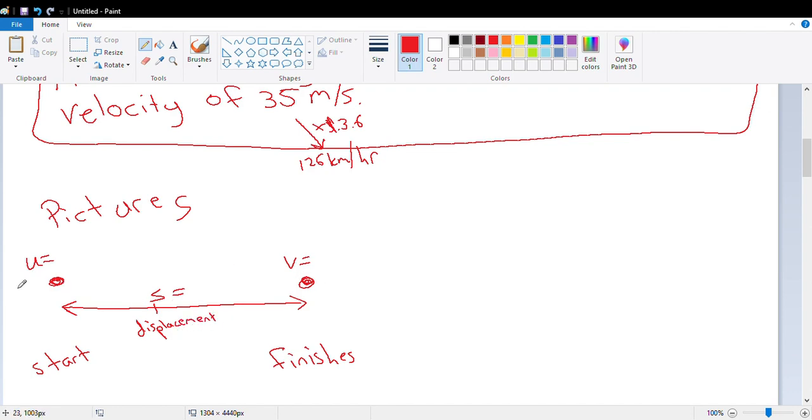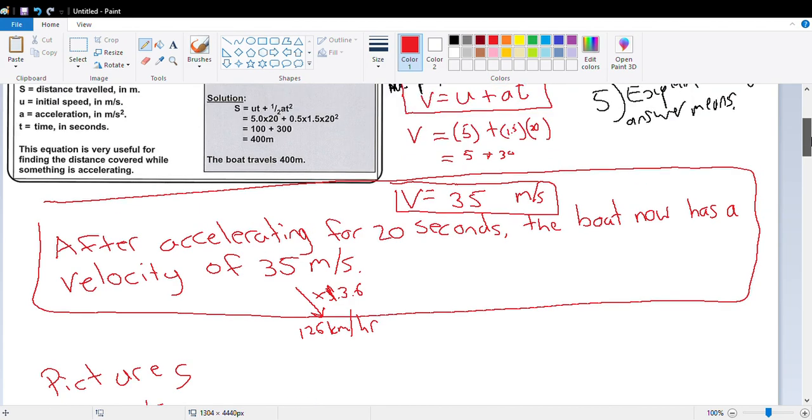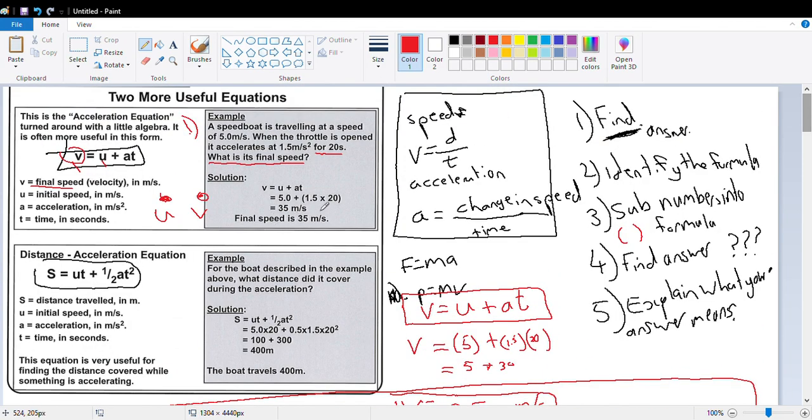In order to get from here to here, there's probably been an acceleration. And to get from here to here, some amount of time has passed between the first photo and the second photo. And from here, we could write down all the things that we know and then think about what we're trying to find. Because this relates to the previous question, I can sub in some values.